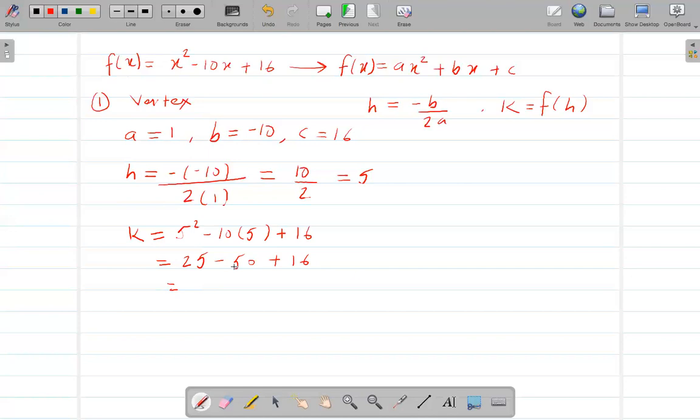So 25 minus 50 is minus 25, plus 16. So this is going to give -9.